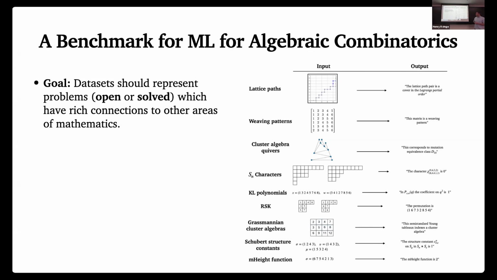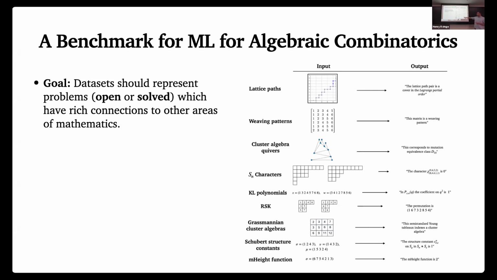I talked about symmetric group characters, KL polynomials. This at the moment is just predicting coefficients, but probably a more specific problem needs to be formulated. RSK is just seeing if you can train a model to learn the Robinson-Schensted-Knuth algorithm, which of course is a fundamental thing in algebraic combinatorics.